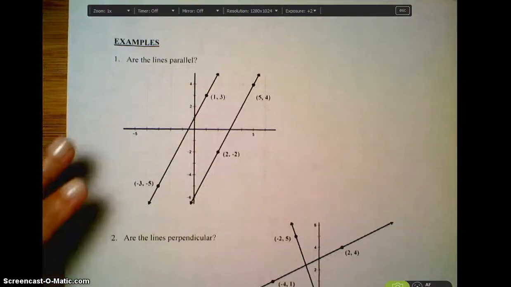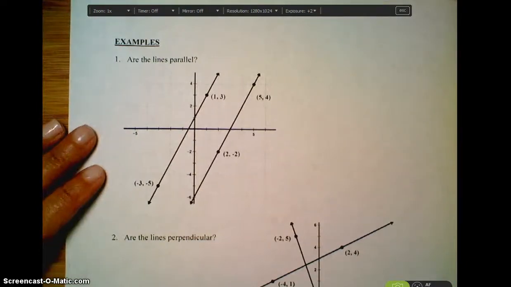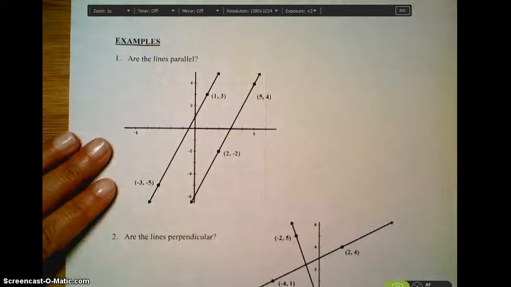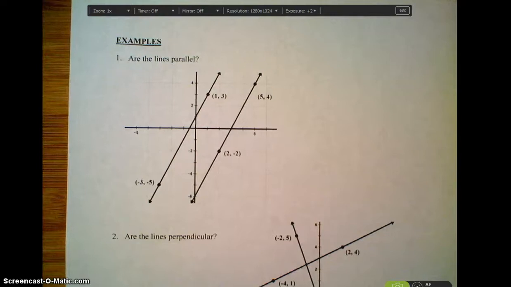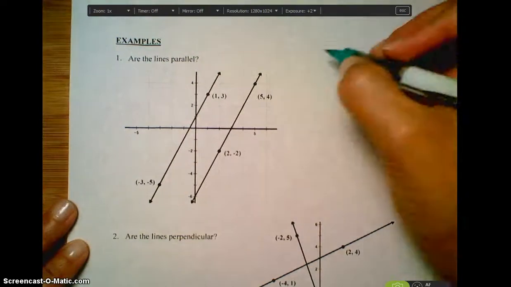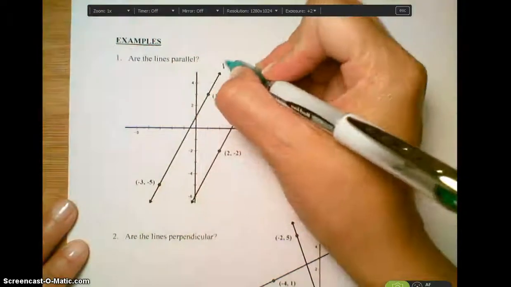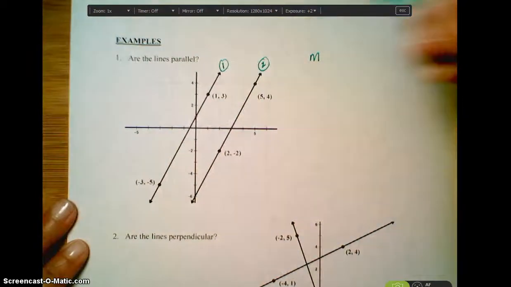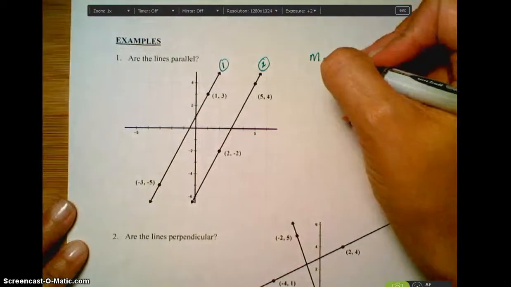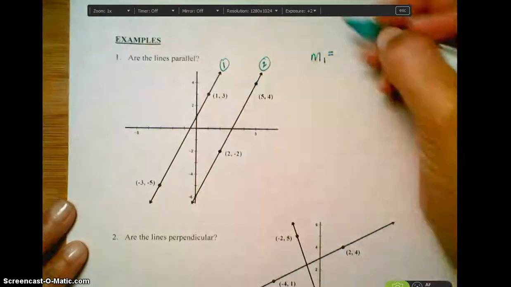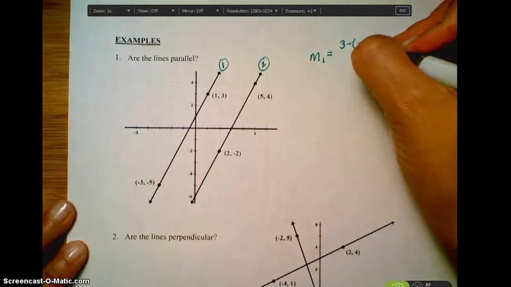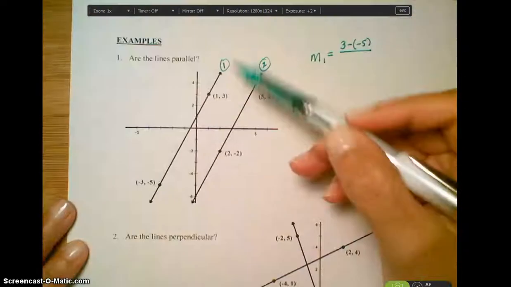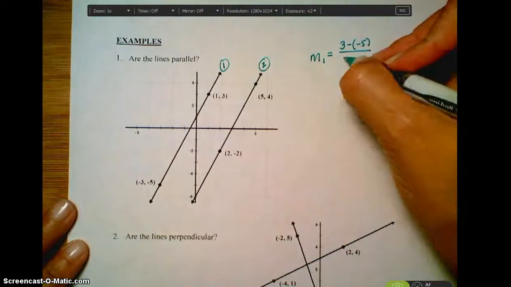In the first example, the question is asking you to look at the two lines and decide if they are parallel. To do that, you're going to calculate the slope for each line using the slope formula. We'll call this line 1 and that one line 2. The slope for line 1 is change in y, so 3 minus -5, over 1 minus -3.